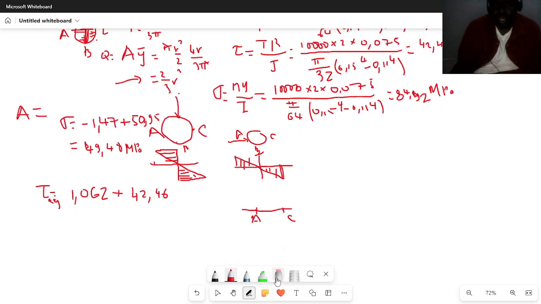So whatever you do on C, you do on A. Under this case, the two here need to be added. If you add, what do you get? You need to get 43 point 6 something.